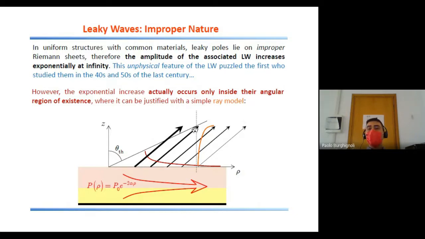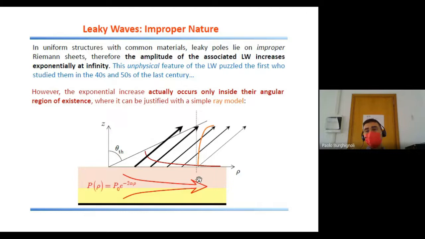Now, if you look at the field by fixing a value of rho, so along some line like the dashed gray line here, and you increase z, what you see is that you will encounter progressively growing quantities of power, that is rays with thicker and thicker rays.